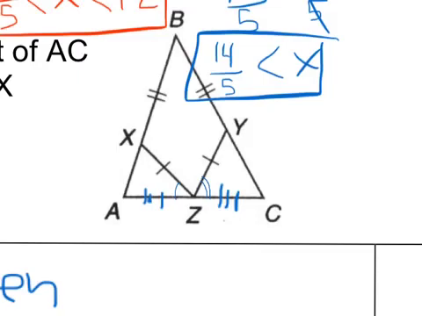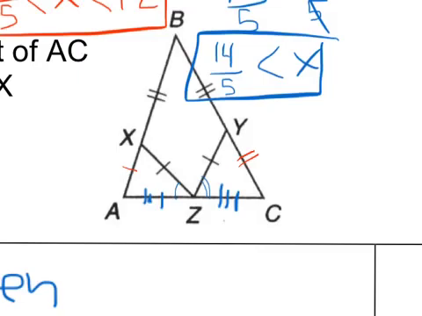Now remember, we said if we have congruent sides, angle in between, that the side opposite the bigger angle has to be bigger than the side opposite the smaller angle. So we can say, we'll just use a different color to show this, hey, this has to be bigger than this. Okay?